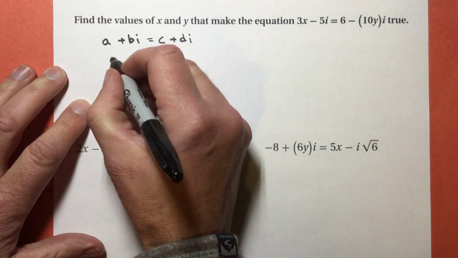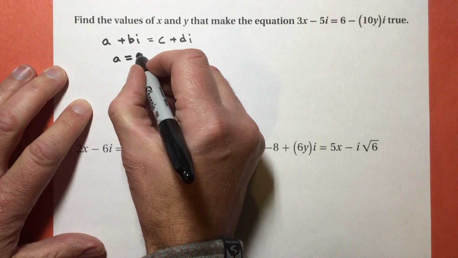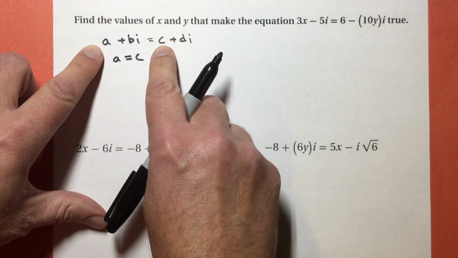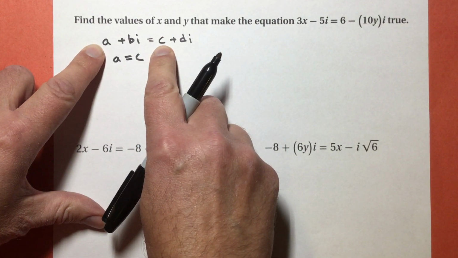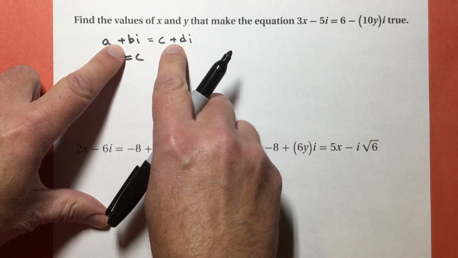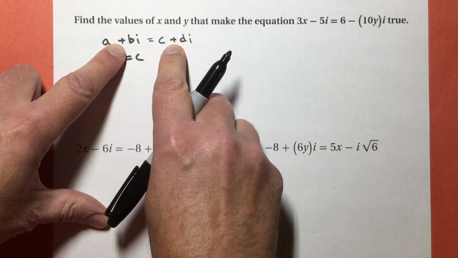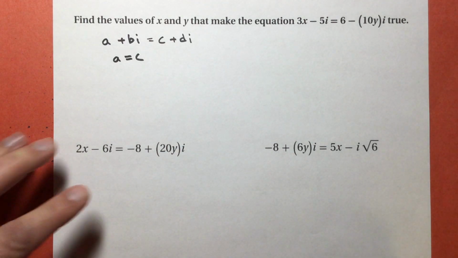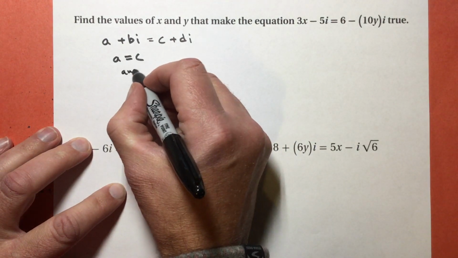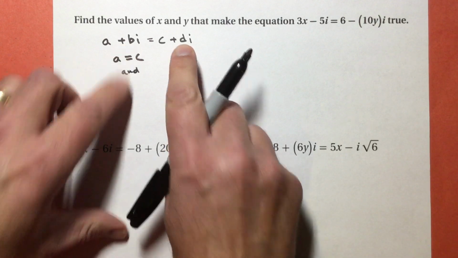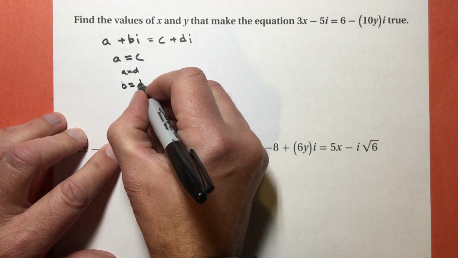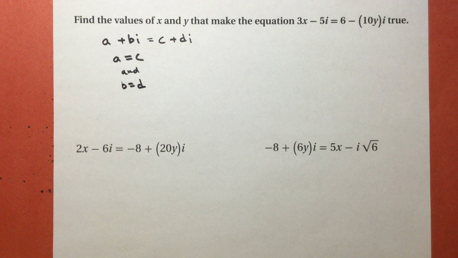What that means is that whatever a is, it has to equal c. The real parts have to be the same. There can't be any combination. In other words, the plus sign just shows that I'm adding them together. It doesn't show any simplification at all. And the imaginary coefficients have to be the same. So it's more about what it can't do as opposed to what it can do. And again, this is just handing you off to pre-calc.